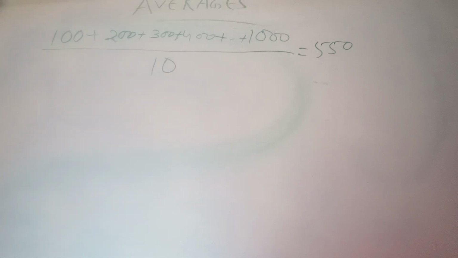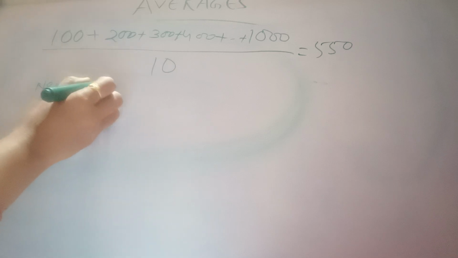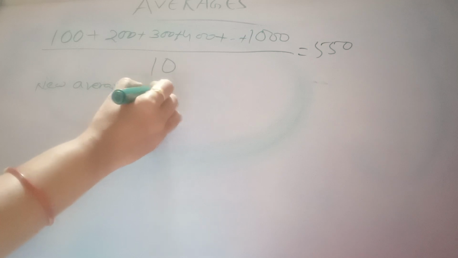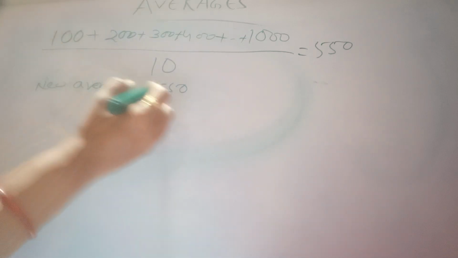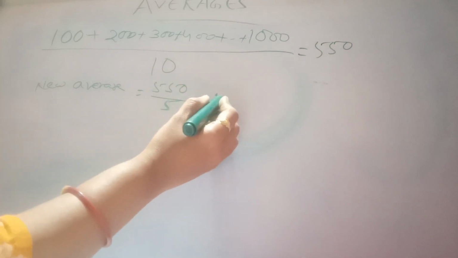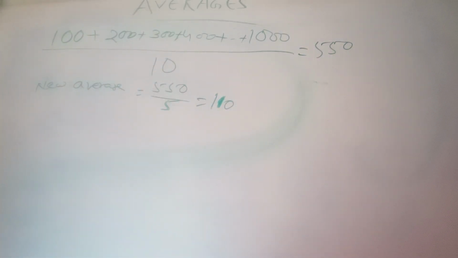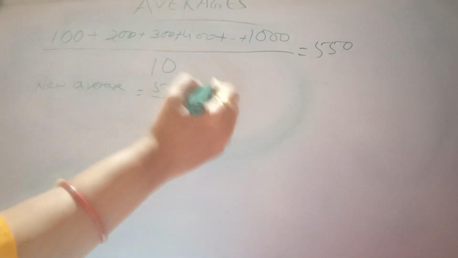If each number is divided by 5, the new average will be 550 divided by 5, which will be 110. This is the answer.